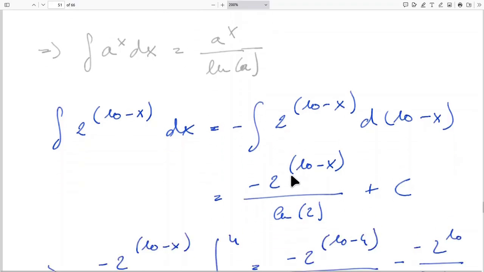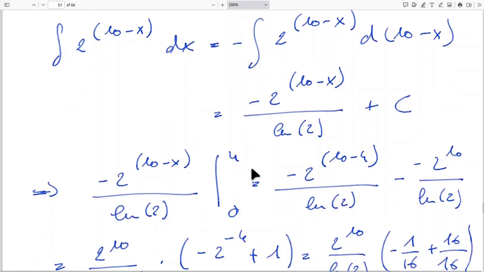So that gives you minus 2 to the power of 10 minus x over ln 2 plus a constant, obviously.